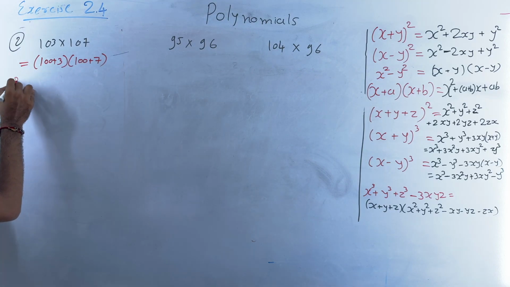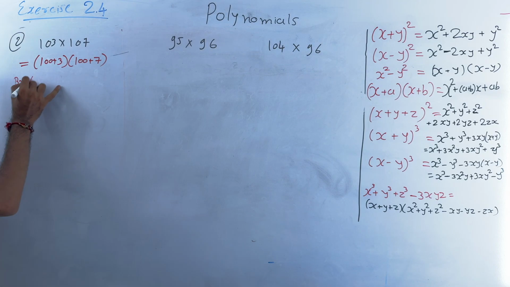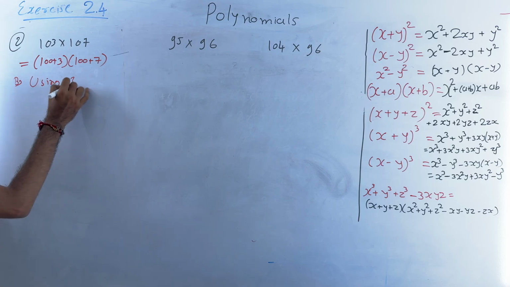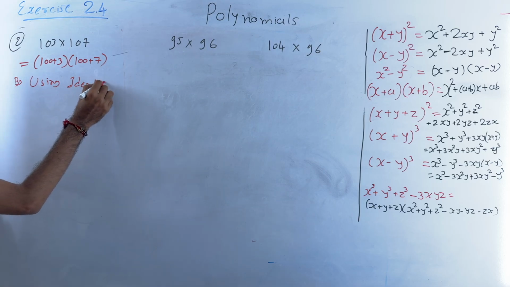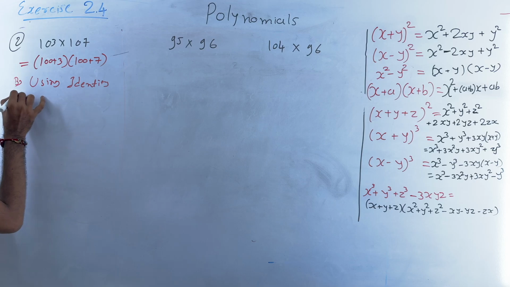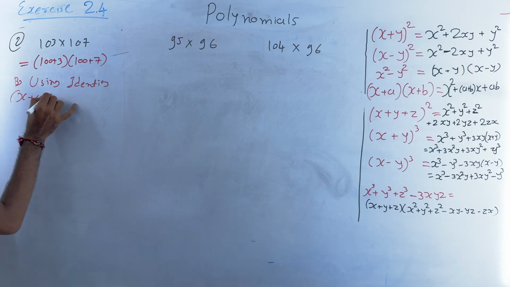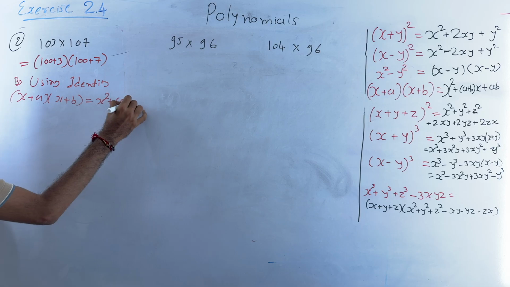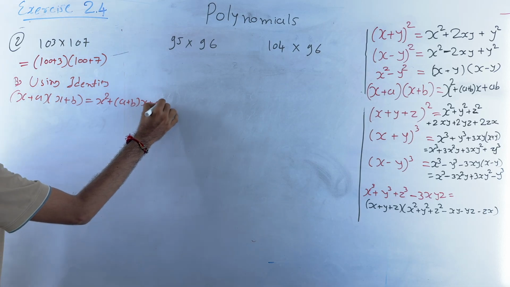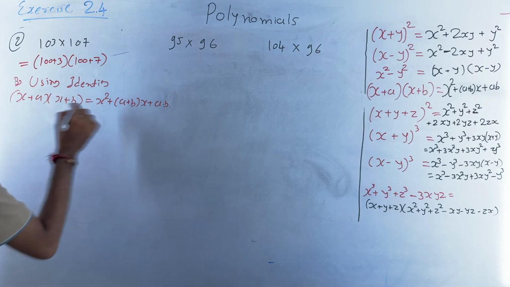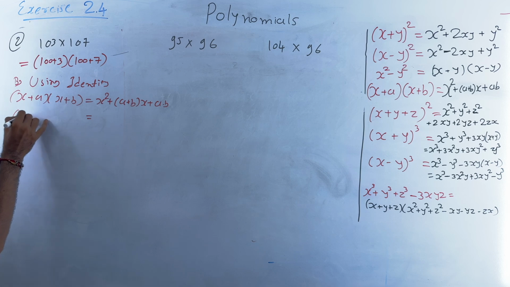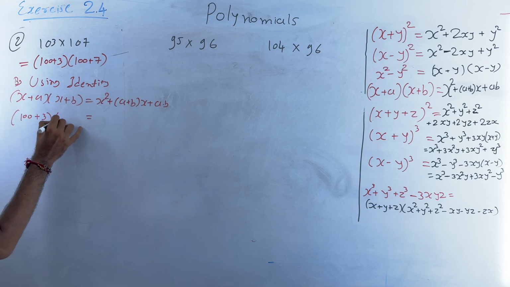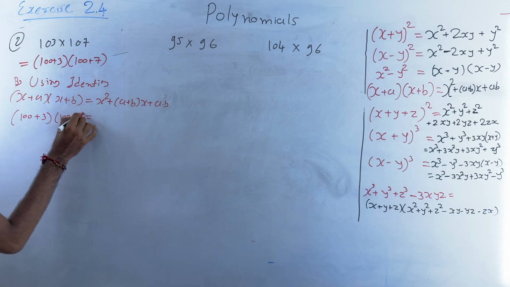So by using identity, you have to mention it, right? (x plus a) multiply (x plus b) is equal to x square plus (a plus b)x plus a into b. Your answer will be, here you can write 100 plus 3 bracket 100 plus 7, right?